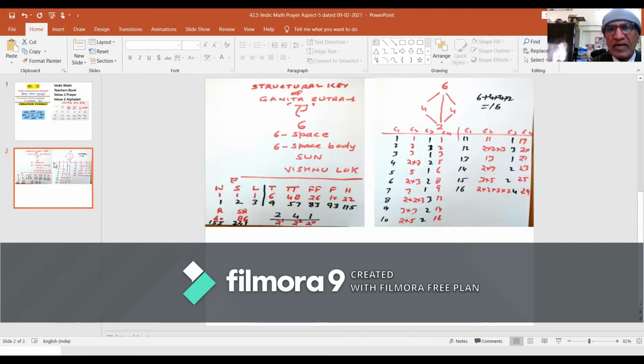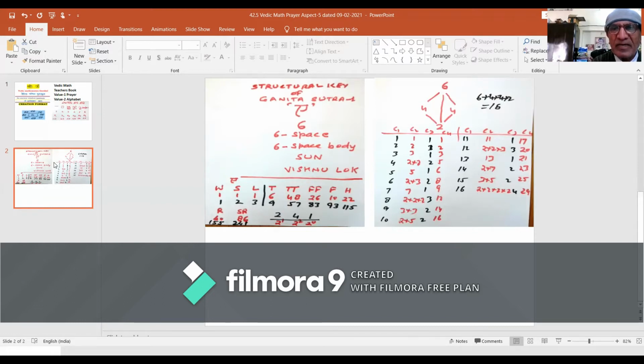Ganita Sutra-1 itself is having its structural key as are the values and format of its very first letter. The first letter of Ganita Sutra-1 is A, the sixth vowel. Sixth vowel A is the structural key of Ganita Sutra-1.